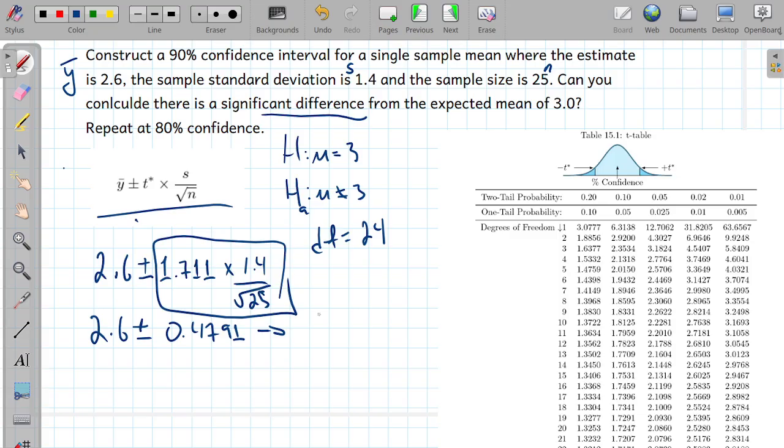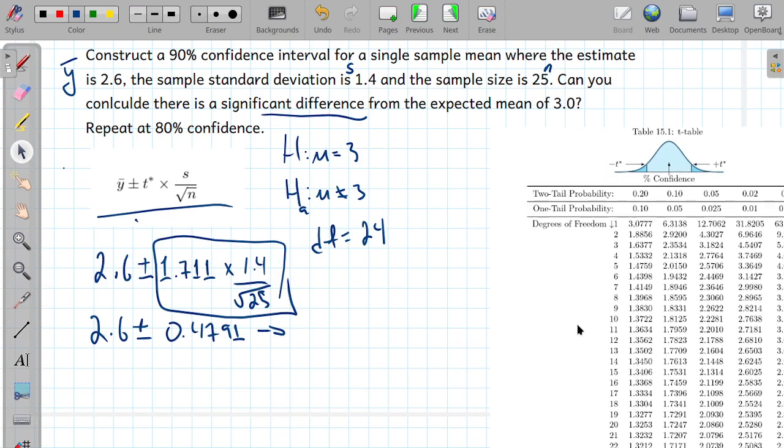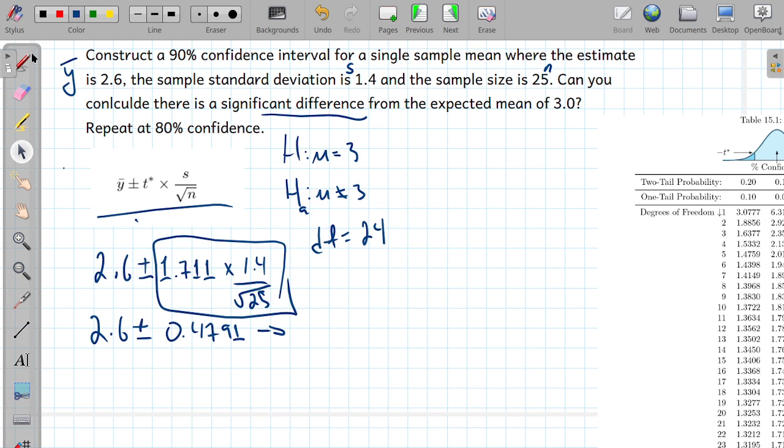I'm going to move this table out of the way a little bit. I need some room to do a couple of things. There we go. All right, so we're going to have 2.6 minus 0.4791 and 2.6 plus 0.4791.